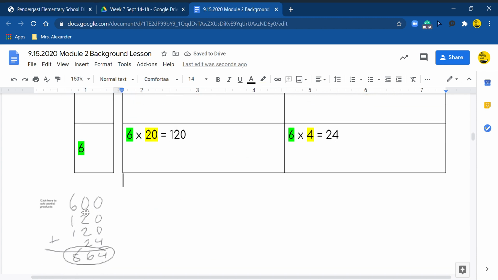And then I have to add it up. 600 plus 120 plus 120 plus 24 is 864. You can do it in Scribble, or if you want to try it, you could always just do 600, 120, 120, 24.